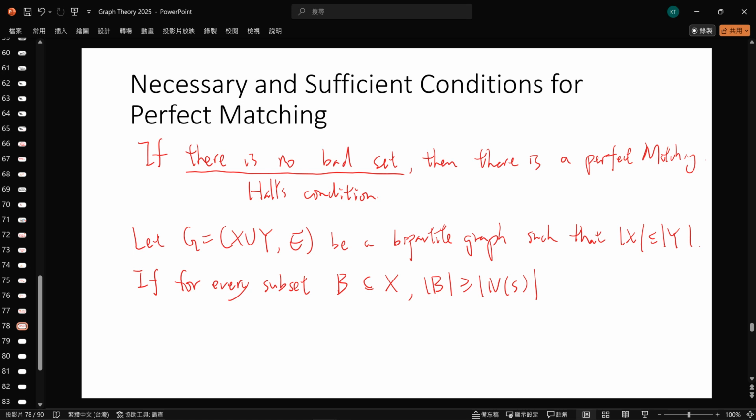So this says that the set B is actually no larger than its number of neighbors.